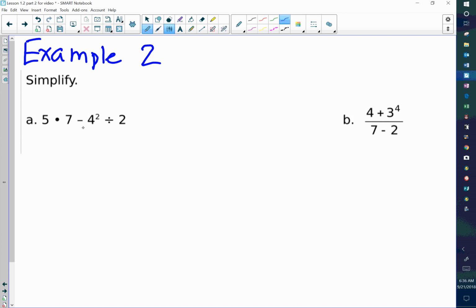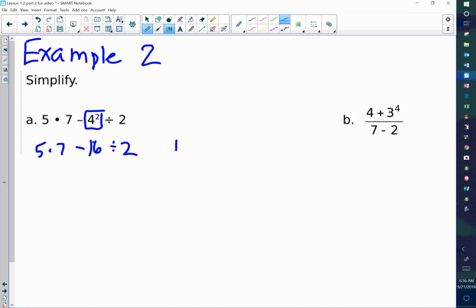All right, for this first example, I don't see any parentheses to do, but I do see exponents, so I'm going to simplify that. 4 to the second power is 16, and then I'm going to write all of the rest of the problem. There are no exponents, so I move on to multiplication and division, and I use the left to right rule.